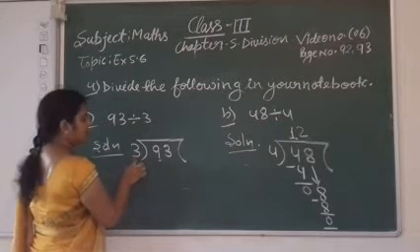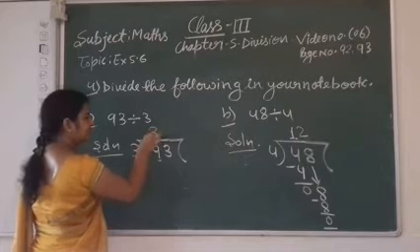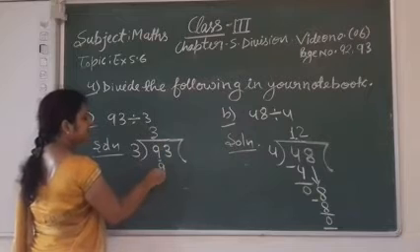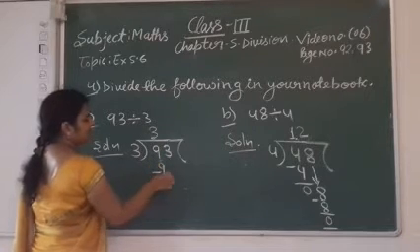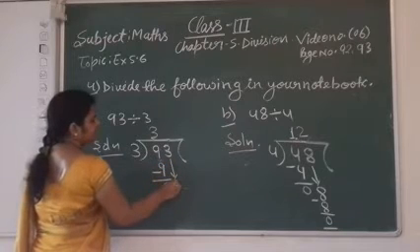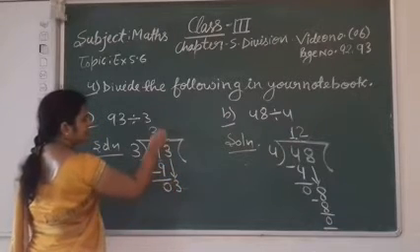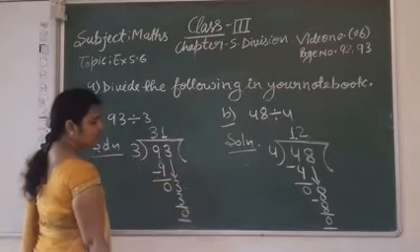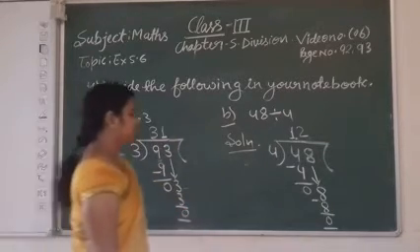So read the table of 3. 3 3s are 9. Write 3. So write 9 under 9. And then subtract, 0. Then bring down 3. 3 ones are 3. Write 3 and 0. Okay. Next.